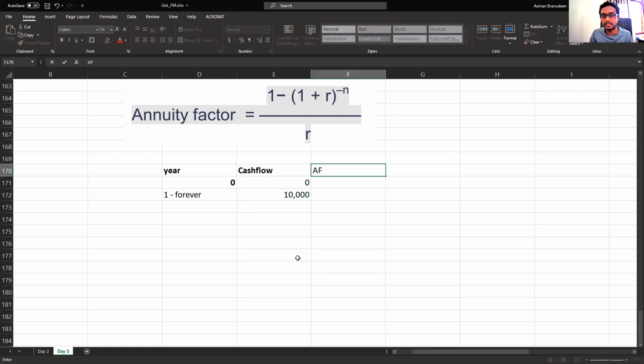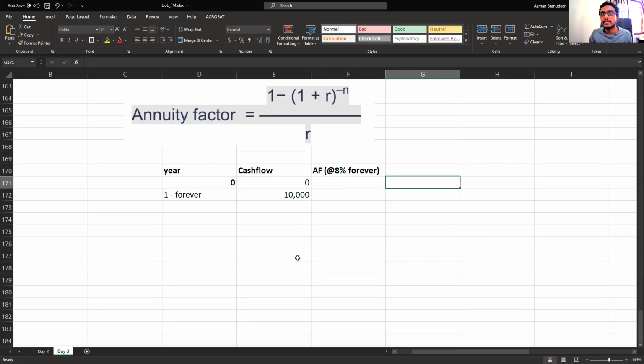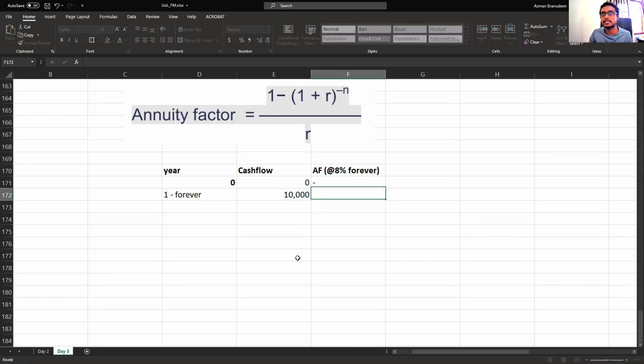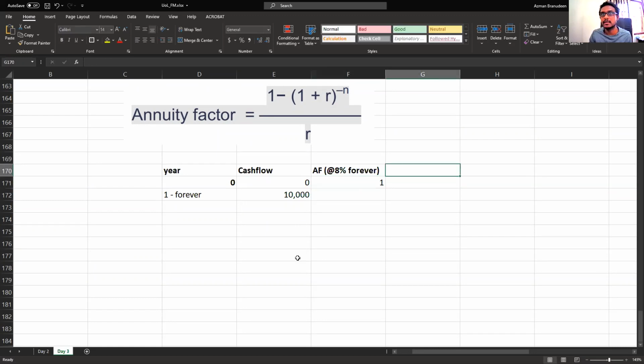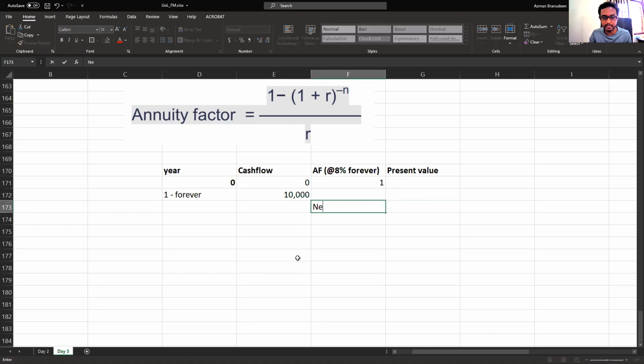Then the annuity factor at 8% forever, you have to figure that out. Year 0, the annuity factor is always 1. Then the present value, and whatever total you get, you can call the net present value.